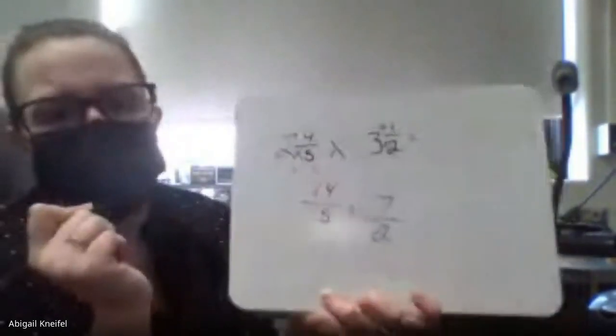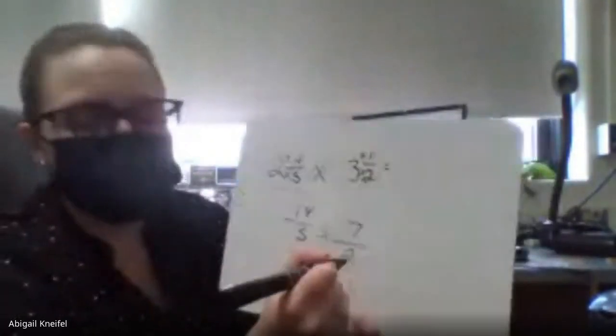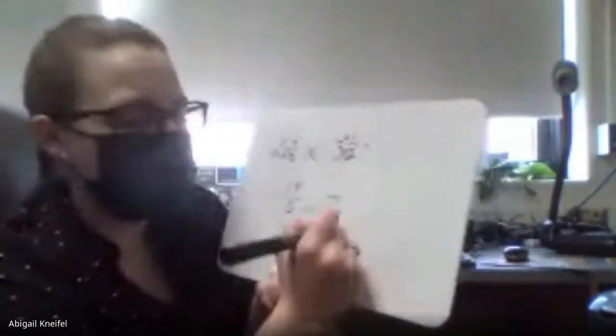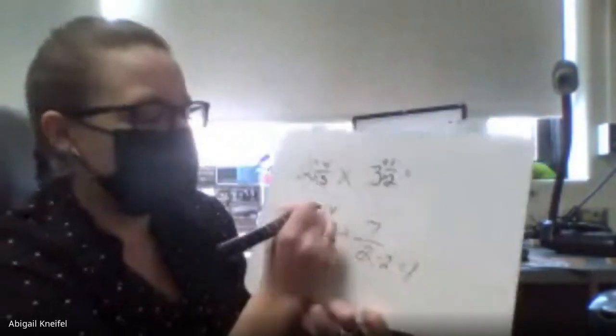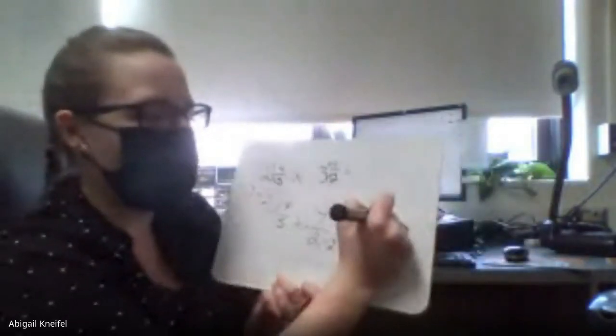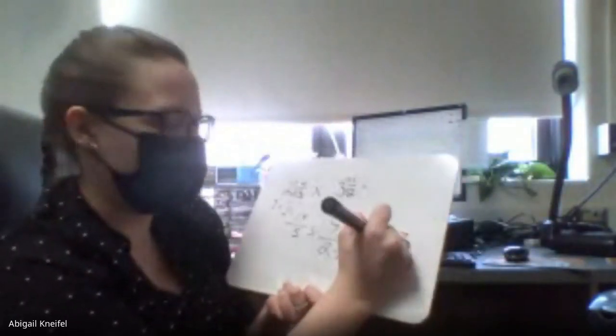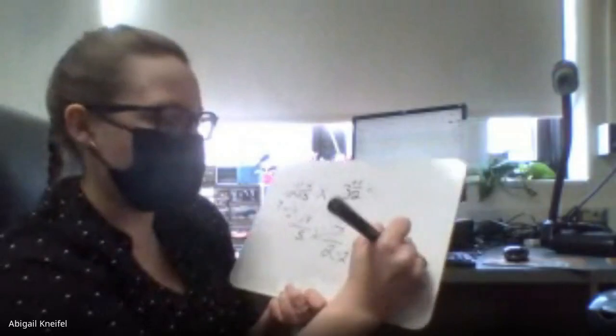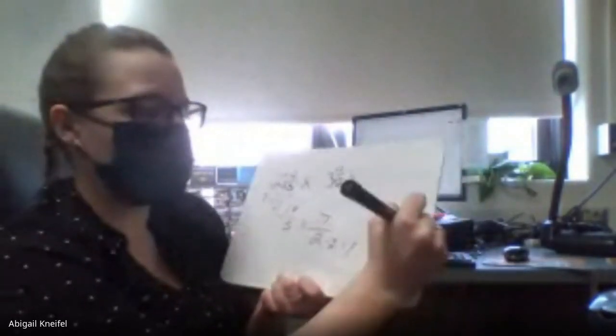Now, can I cross simplify? Yes, I can, because 14 and 2 are both even numbers, so we can divide them both by 2. 2 divided by 2 is 1. 14 divided by 2 equals 7. So now my new problem is 7 times 7 and 5 times 1, which equals 49.